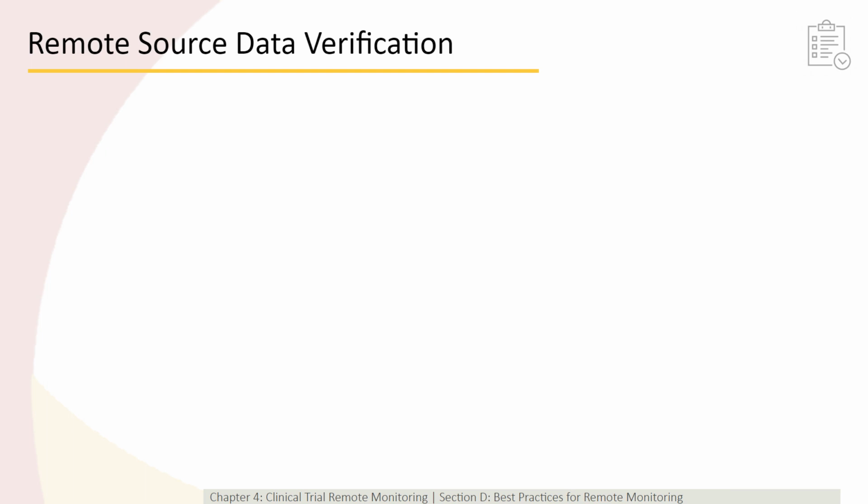Now we will go over what remote source data verification entails. Currently, some trials rely on paper copies of trial files stored across several sites, sharing source documents through fax, email, cloud-based file share systems, flash drives, or by granting monitors direct access to their electronic medical records or EMRs.